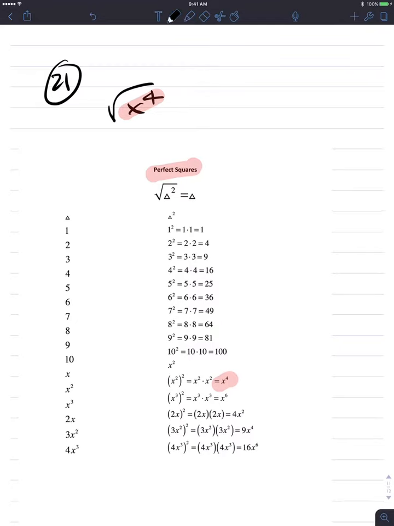Now we have to find the base that was raised to the second power to get x to the fourth. If we look at this, we find the value to be x squared. So our final answer here will be simply x squared. That was the base that was raised to the second power to get x to the fourth.